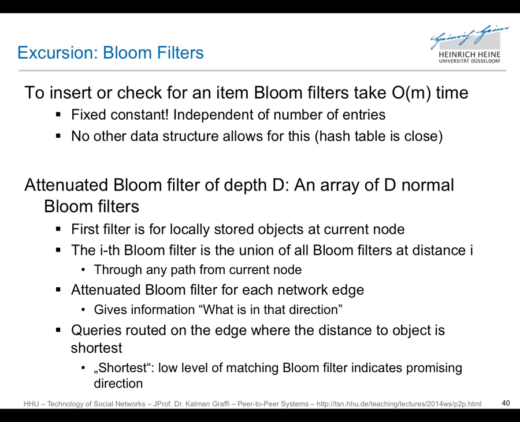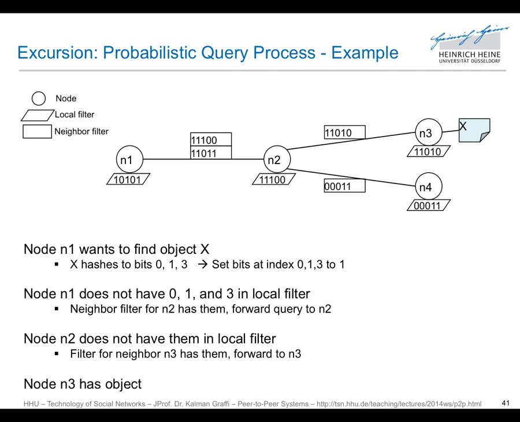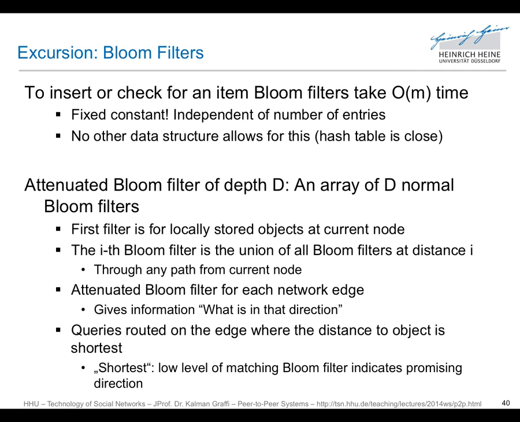So okay, to tell it differently, the 0th level Bloom filter is the Bloom filter for your documents. So you can put all the documents that you have into that Bloom filter to encode it, and then people can check whether you have it, not, or maybe. And the ith level Bloom filter is the union of all Bloom filters at distance i.